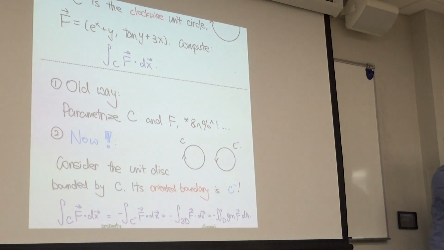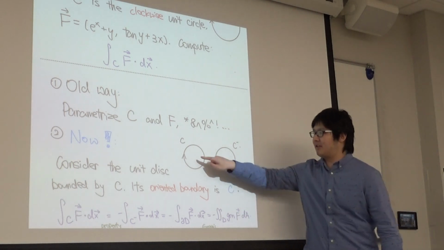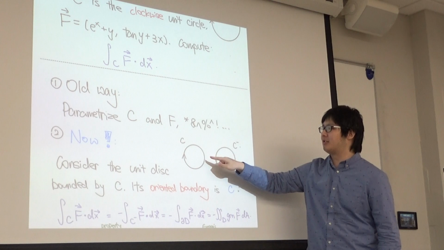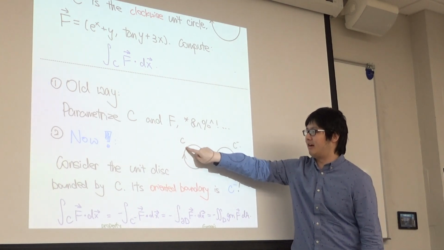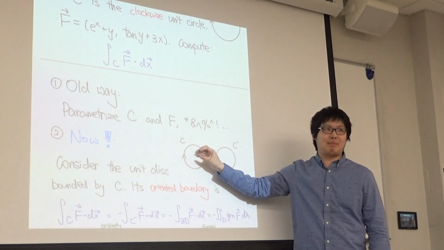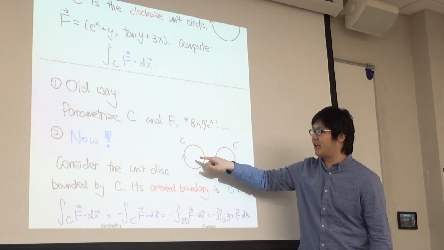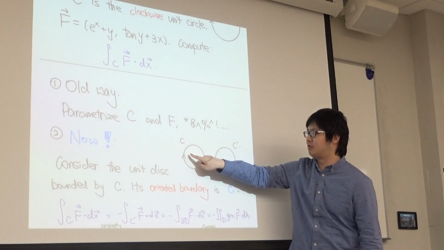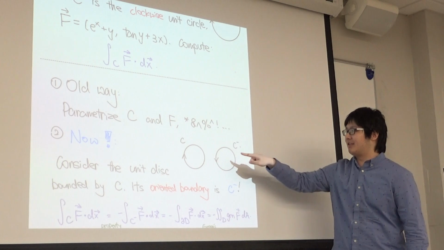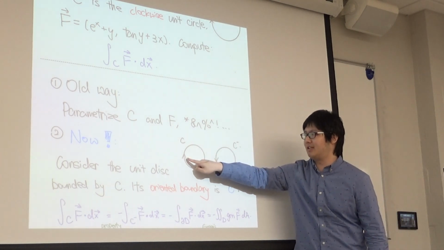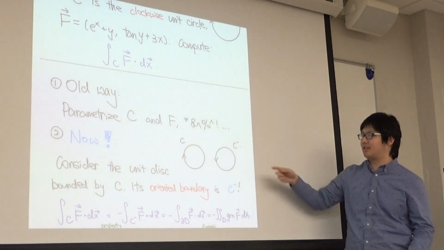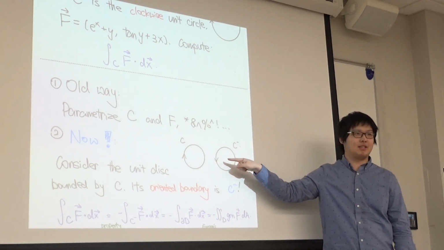We have a circle that's oriented clockwise, and Green's theorem is about relating the curve to the region bounded by the curve. So how can we relate this circle to the disk bounded by this circle? We know that C is oriented this way, so C minus, as we learned in line integral class, is the curve oriented oppositely.